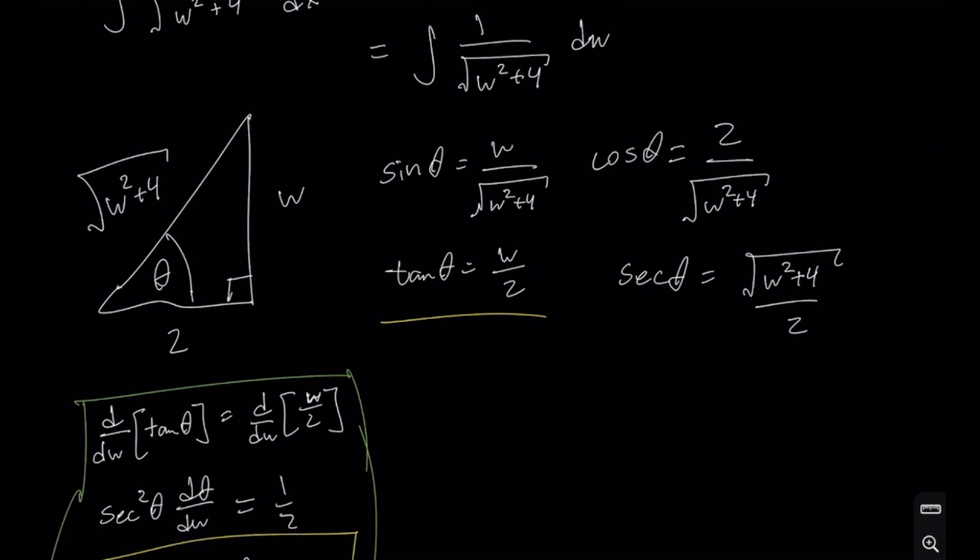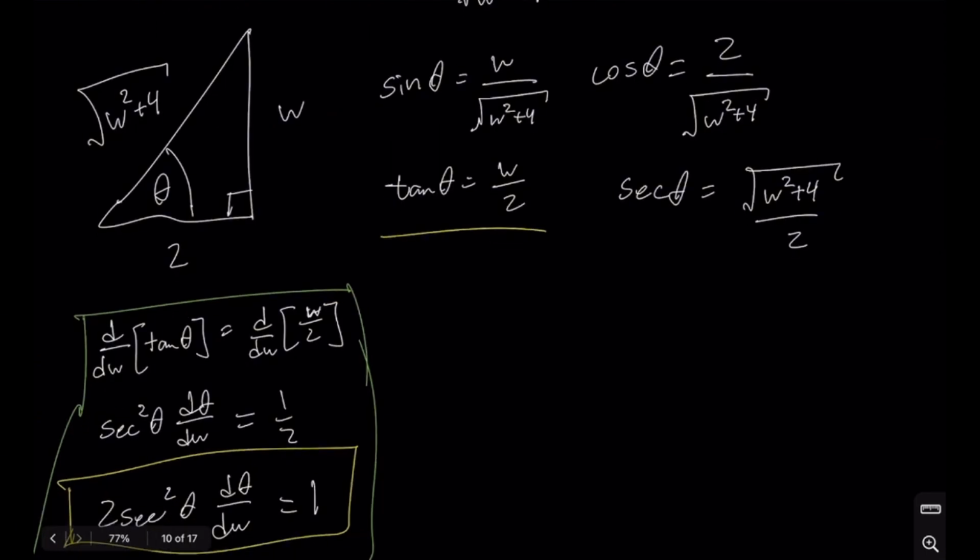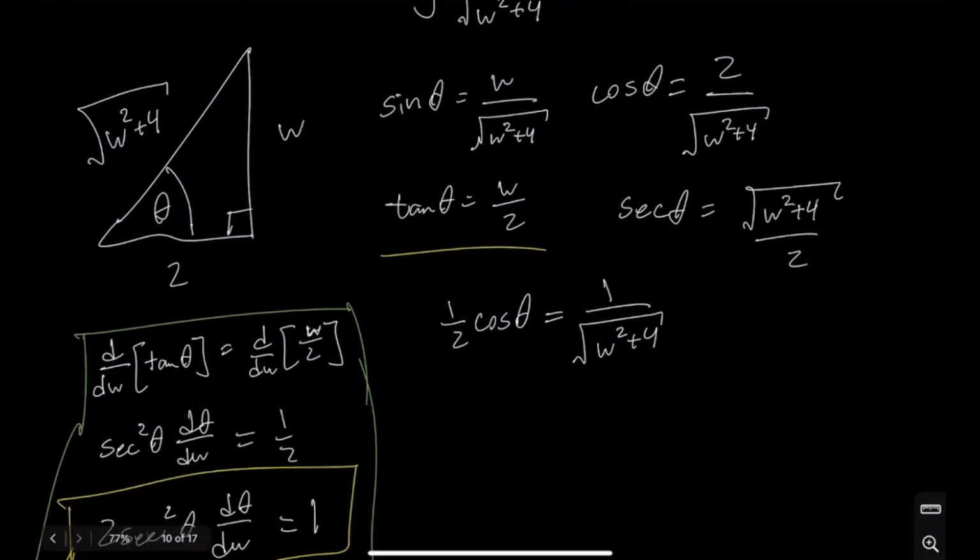And so we can notice that cosine theta looks very similar to our integrand, but there's a 2 on top instead of a 1. And so what we can say is, if we multiply cosine theta by half, 1/2 cosine theta, that's going to be equal to the one with the 1 on top. And that's what we're going to use.